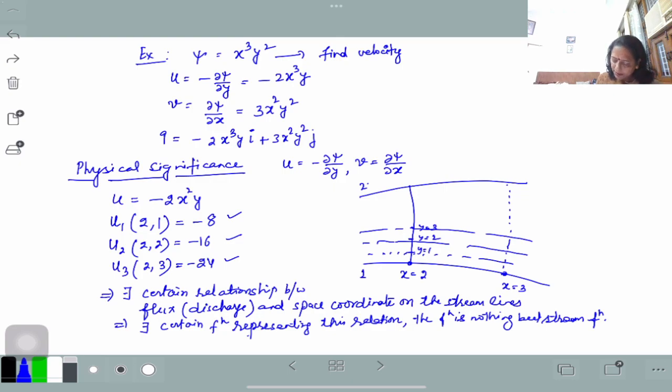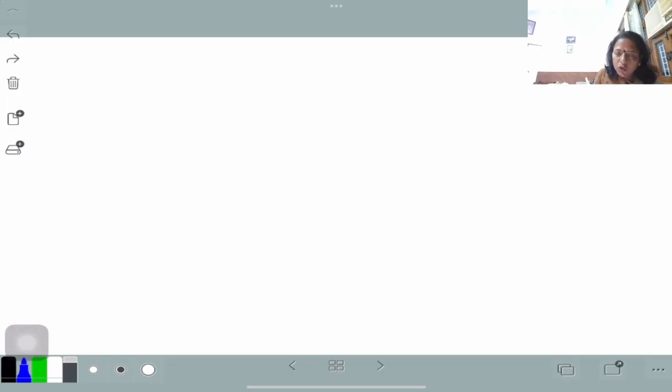Suppose I consider a cross section with the help of a parallelogram, and in this parallelogram I take a cross section like this.